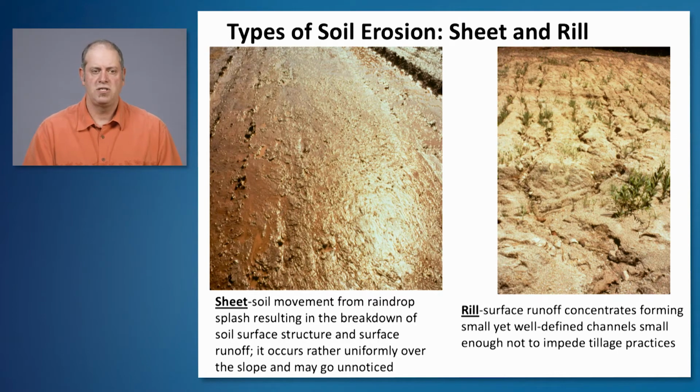And so sheet erosion tends to evolve into rill erosion as surface water runoff increases. Sheet and rill are responsible for the most sediment transport via erosion because it's essentially occurring all over the landscape. But the effects of sheet and rill erosion in terms of traffic moving equipment across the landscape are relatively minor.